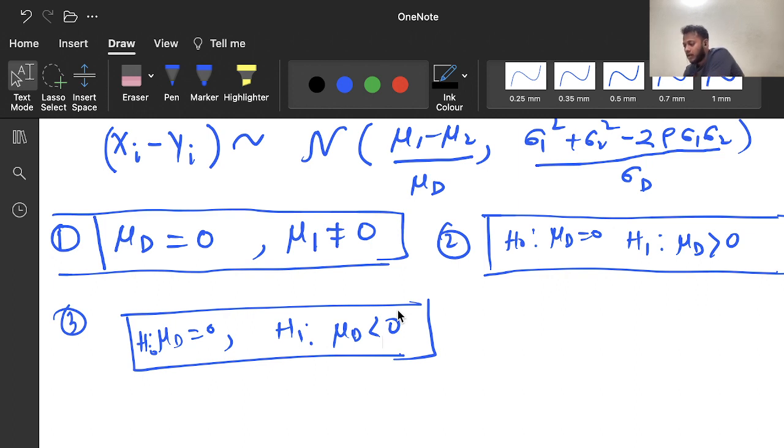If sigma 1, sigma 2 and rho are completely known, then we can follow the previous method to test the null hypothesis.